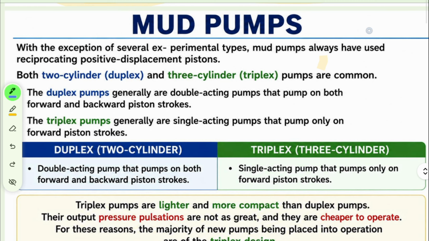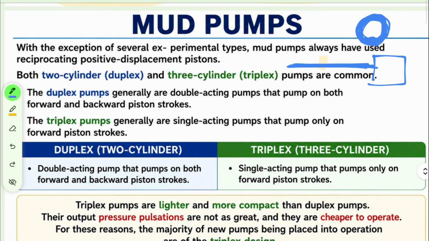If you are generating the pressure through circular motion, that comes under the centrifugal pump, right? And if you are generating the pressure through reciprocating, meaning backward and forward movement, that comes under the reciprocating pump, right?